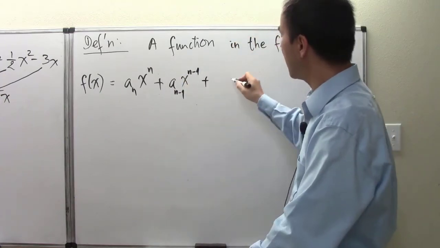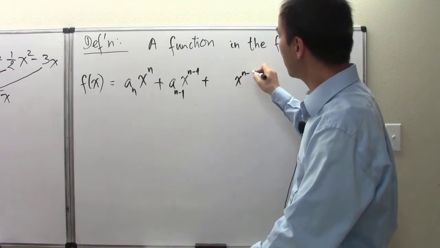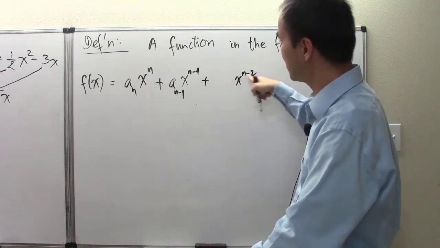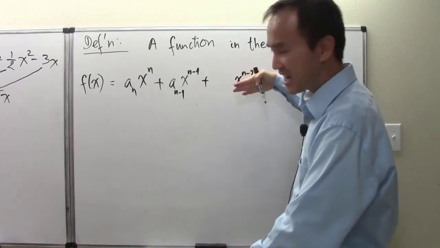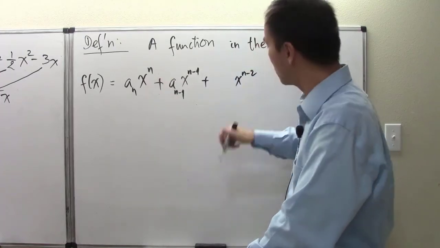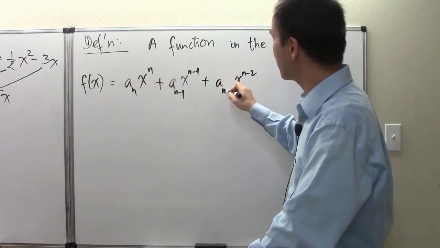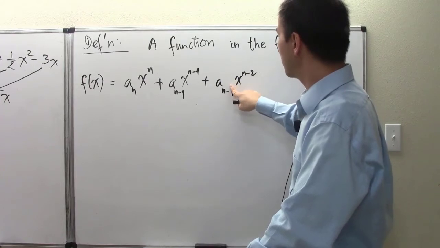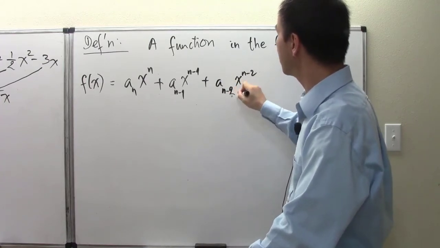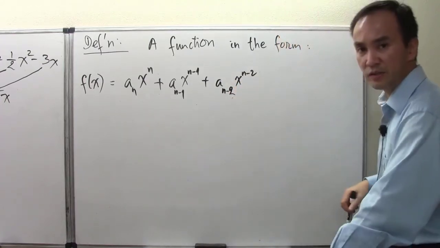Then the next one down is x to the n minus 2, two power steps down compared to the first one. So the coefficient here is a_(n-2), corresponding to x to the n minus 2.